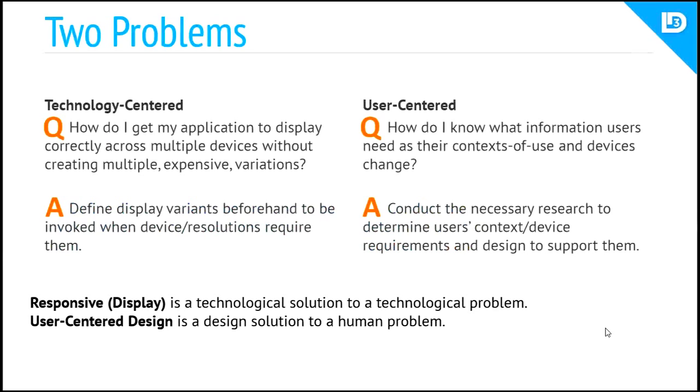User-centered design is the other problem here. How do I know what users need as their contexts of use and devices change? It is not enough simply to say, I'm going to give you SAP's CRM module on your phone, and I'll stack everything vertically instead of laying everything out in a typical horizontal navigation. Why?